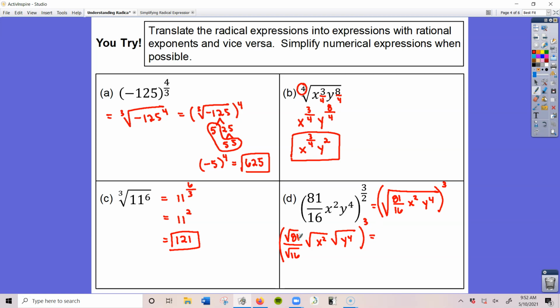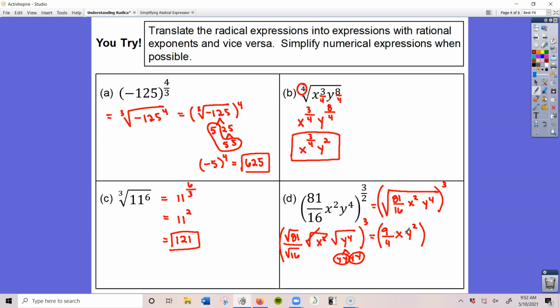Now the square root of 81 we know is 9. The square root of 16 is 4. The square root of x squared would just cancel, so that would be x. And then the square root of y to the fourth, this means that I have 4 y's. I need 2 to move it outside, so this would be y squared.